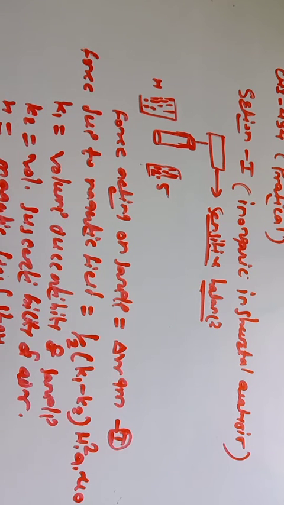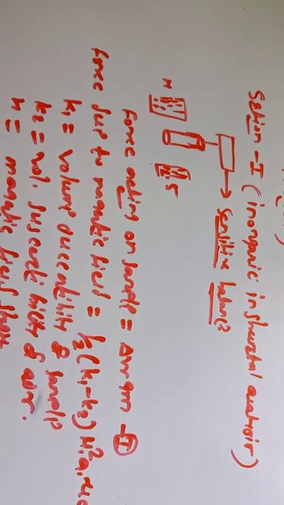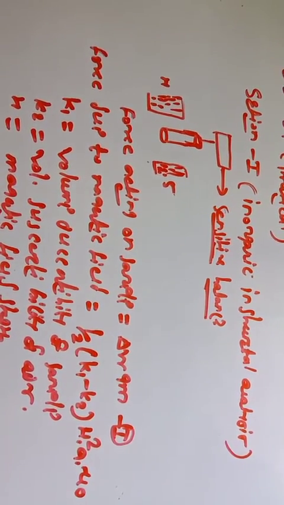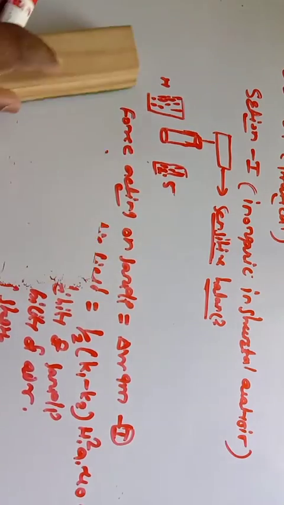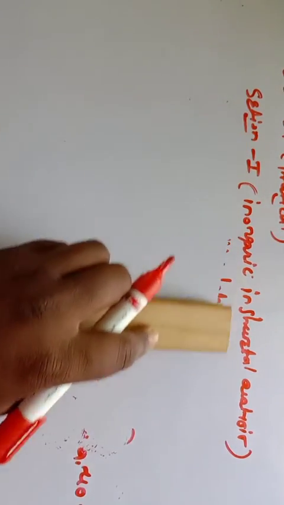H is your magnetic field strength and A is your cross sectional area.